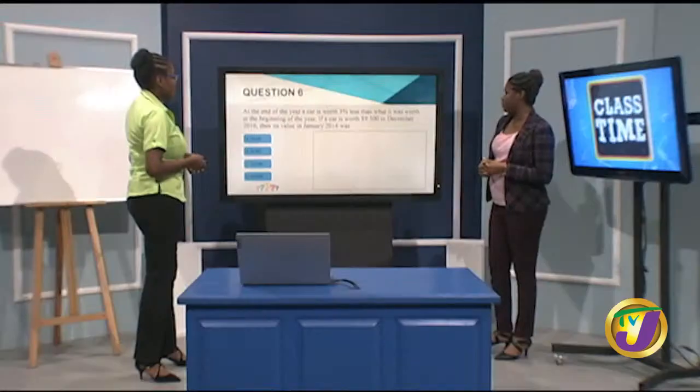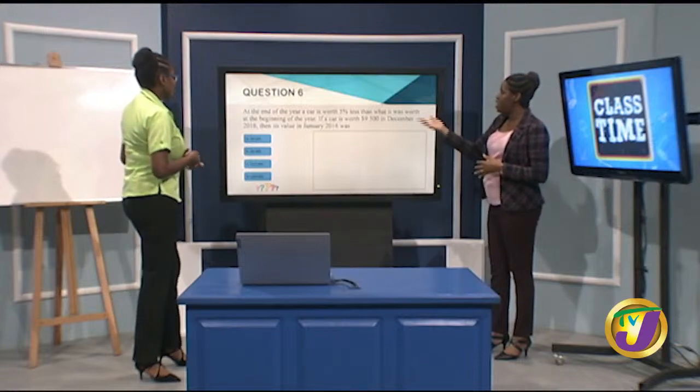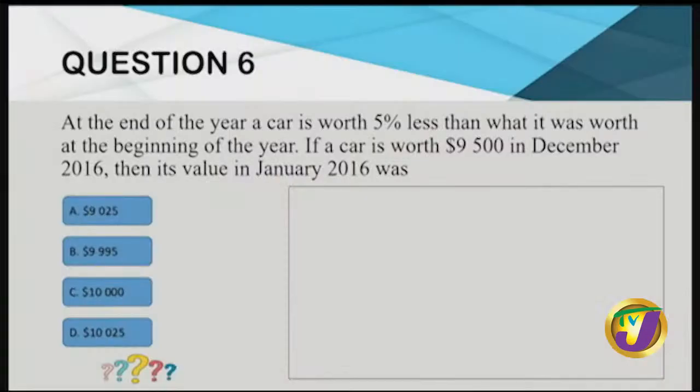Value decrease. Okay. So in this situation, the value of the car is 5% less than it was at the beginning of the year. So we need to point out also that the amount we're given here is the amount at the end of the year. So if we want to find the amount at the beginning of the year, we know it's going to be more than $9,500.